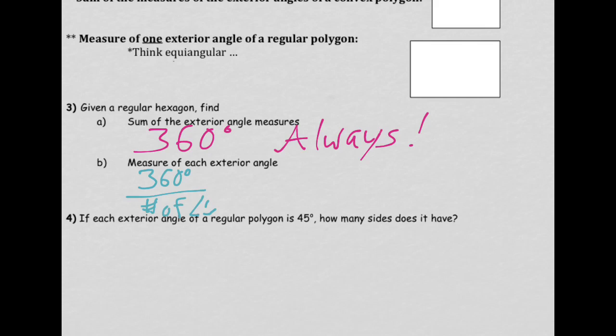So, for example, if we're talking about a pentagon with 5 sides, then what is the measure of each exterior angle of a pentagon? We divide 360 by 5 and we get 72 degrees. That'll be the measure of each exterior angle of a pentagon.